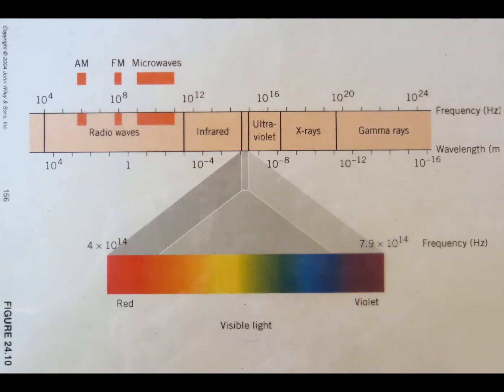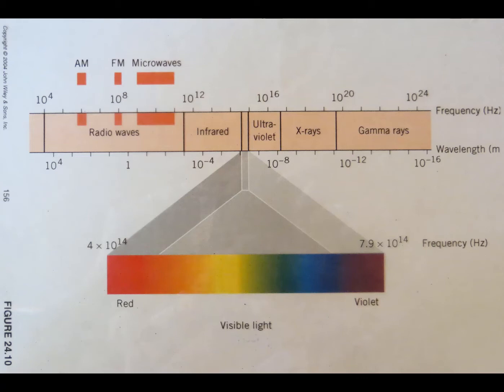The amount of the electromagnetic spectrum that we can actually see is just this small band right in the middle. The visible part of the spectrum is the colors that we sometimes label as red, orange, yellow, green, blue, indigo, violet. That's the visible part of the spectrum, or visible light.